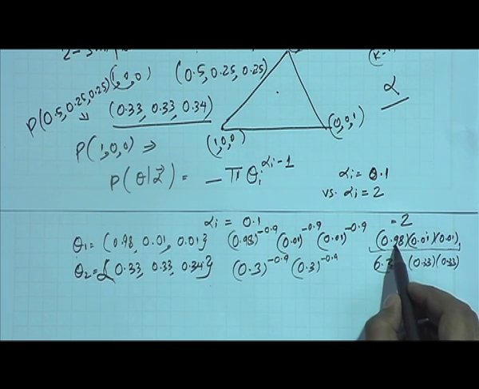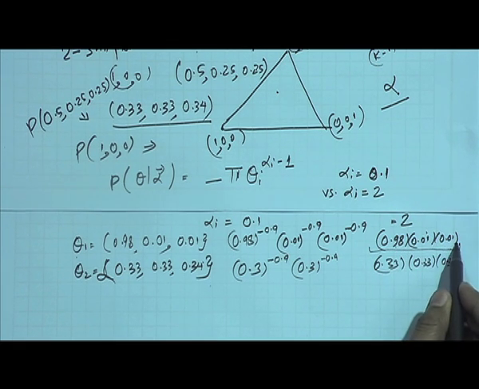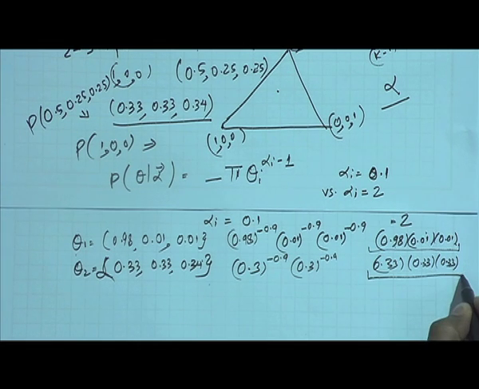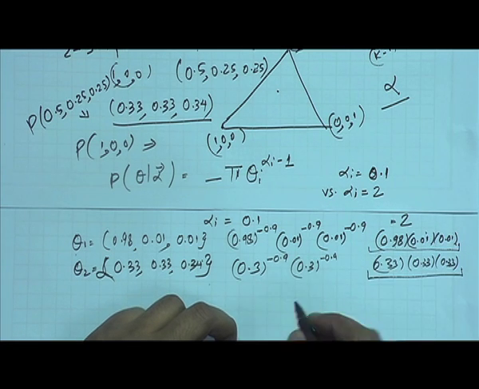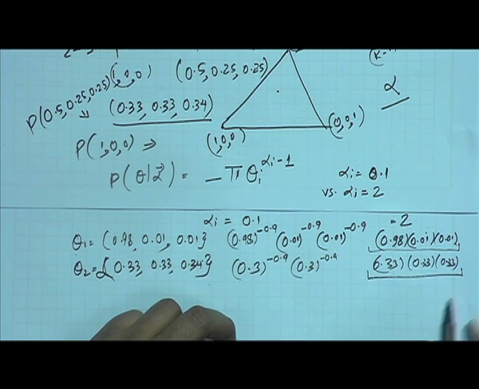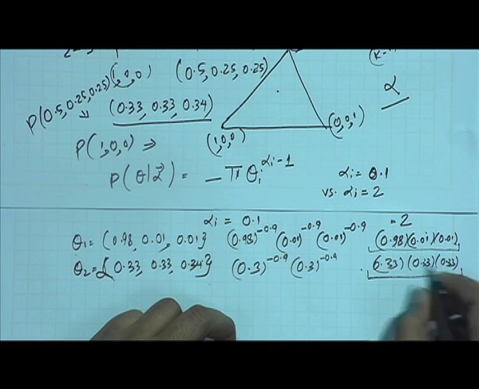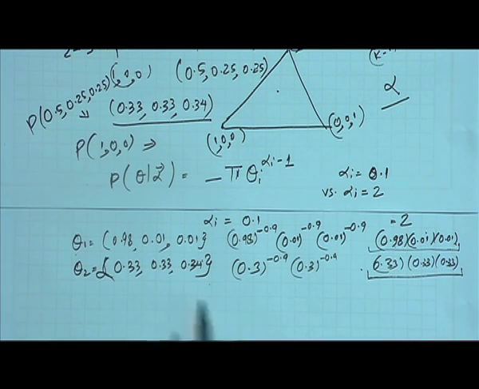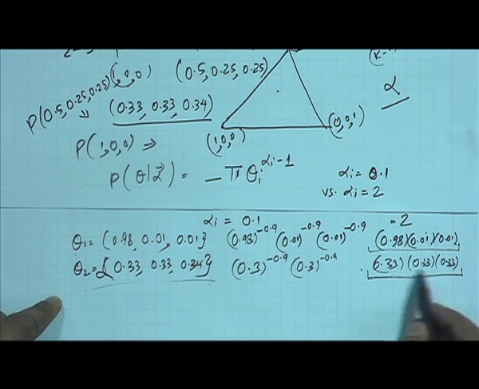You multiply 0.98 by 0.01 times 0.01, and this becomes very small. On the other hand, this is like 1/3 times 1/3 times 1/3, which is okay. So as you increase alpha, it will prefer distributions where each topic probability is roughly equal.